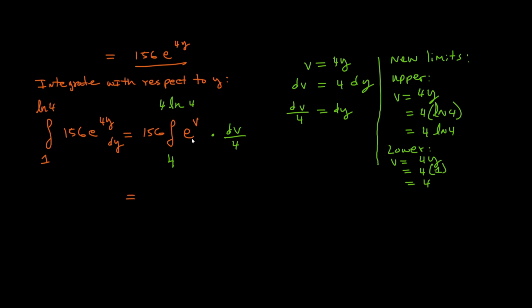So the integral of e to the v is itself, okay, times 156 times 1/4 or divided by 4, right? We could simplify, you don't have to, only if you want to. We could still do the arithmetic like that. Okay.